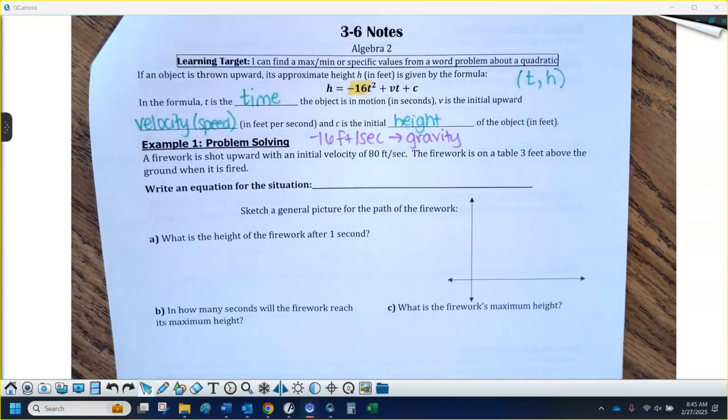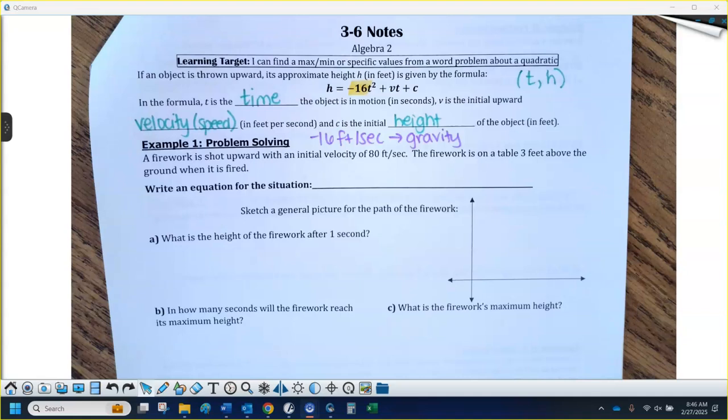So that's just gravity. As you drop something, it travels negative 16 feet per second. That's how we would measure that. Okay, so there are other formulas that are similar to this that would be in meters per second, or some other alterations to this formula, but I'm going to focus on this one. So all these pieces should be in feet per second when they give you this information, or feet or seconds.